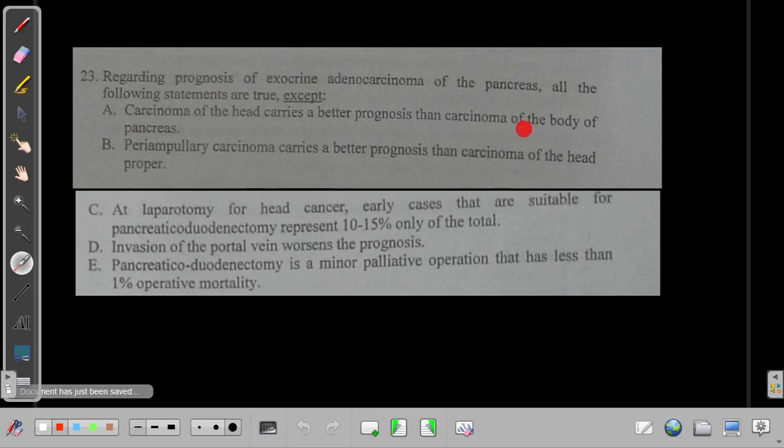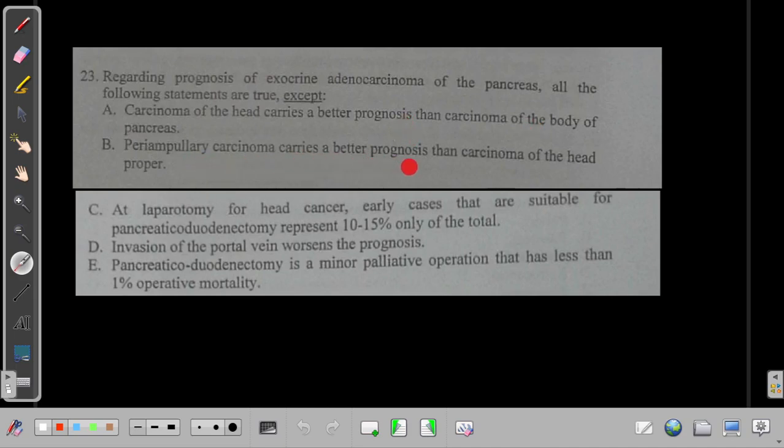Carcinoma of the body and the tail of the pancreas go unnoticed for a long period of time, causing non-specific loss of weight, loss of appetite, cachexia, and by the time it is discovered, it is very advanced, unlike carcinoma of the head of the pancreas.